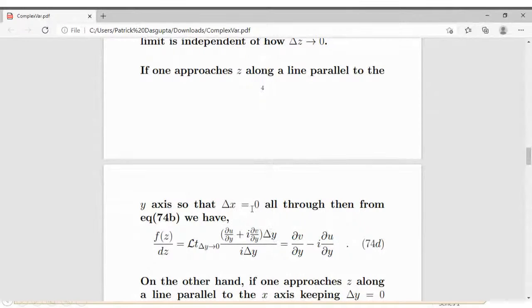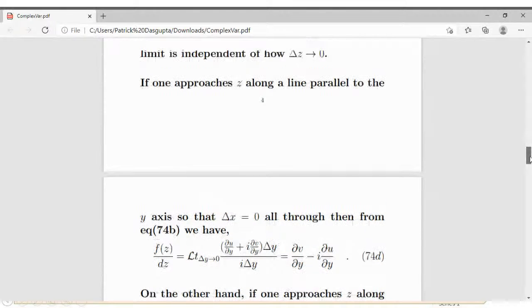So therefore, delta x is 0. And if you are approaching the point z along a line parallel to y-axis, only y will be changing. That means only delta y will be non-zero.